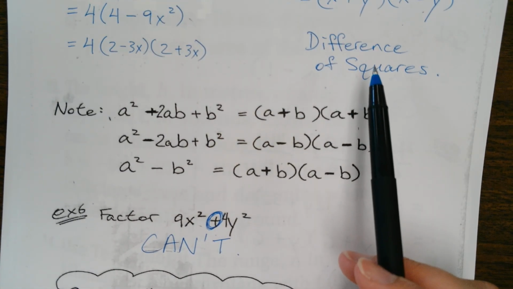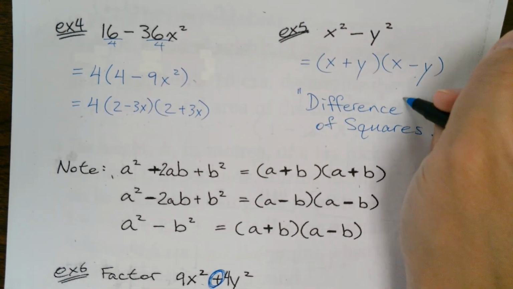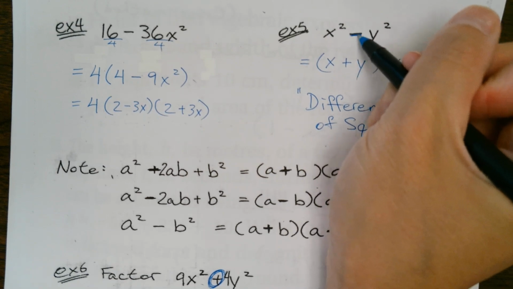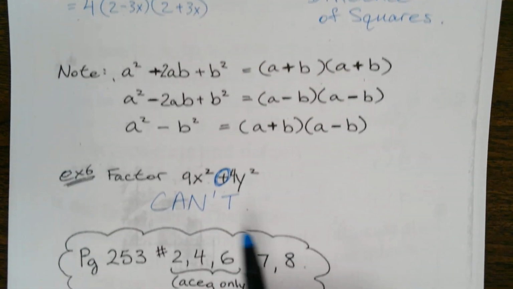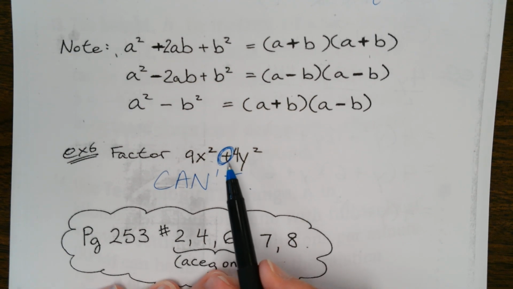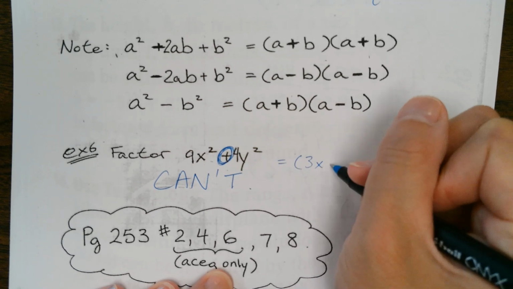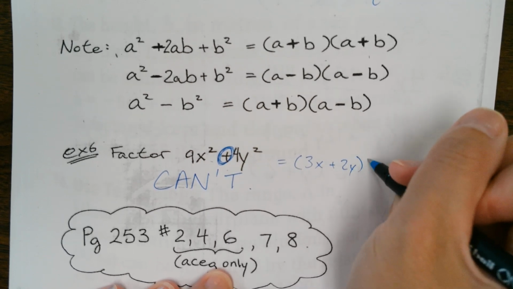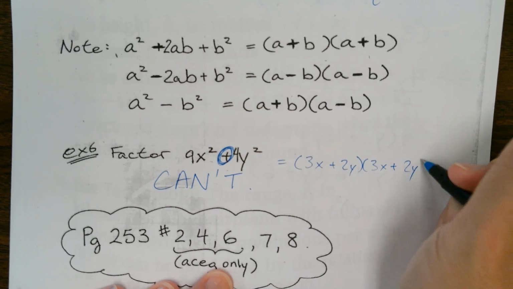Difference of squares. What does the word difference mean again? Subtraction. Right. So in order for it to be a difference of squares, it has to be subtraction. This one doesn't work because let's say you write 3x plus 2y and 3x plus 2y.